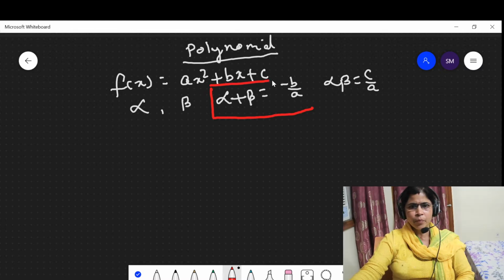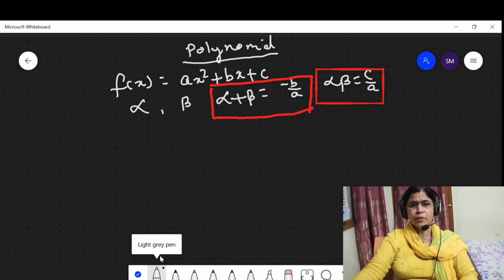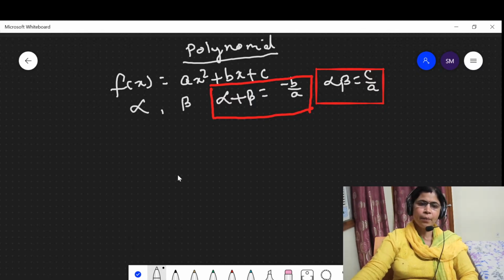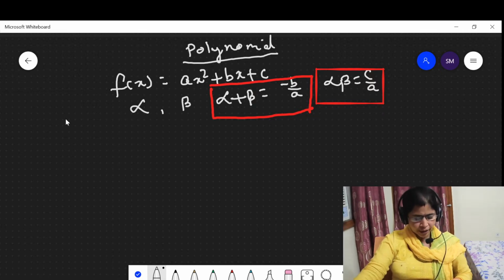Very important, please students, remember this, where alpha and beta are the zeros of the polynomial: alpha plus beta is minus b upon a, and alpha into beta is equal to c upon a. Now let us discuss a variety of problems based on these relations.